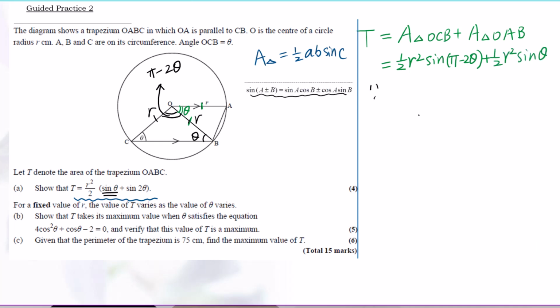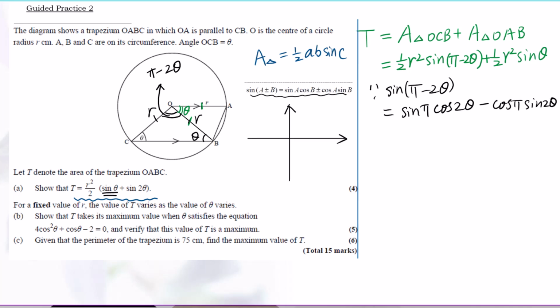Based on these compound angle identities, sine of pi minus 2 theta equals sine pi cosine 2 theta minus cosine pi sine 2 theta.